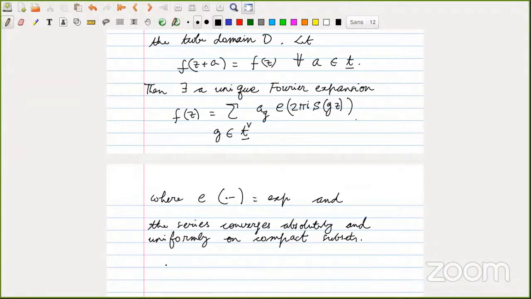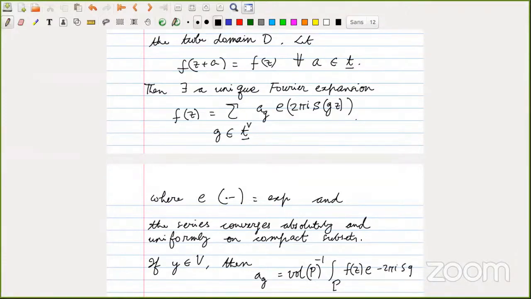In that special case, suppose my Y comes from V. Then I can determine my A_g as A_g equals the volume of P inverse, which is the fundamental parallelepiped, integrated over the whole of P, of f(z) multiplied by e to the power of negative 2 pi i s(gz).